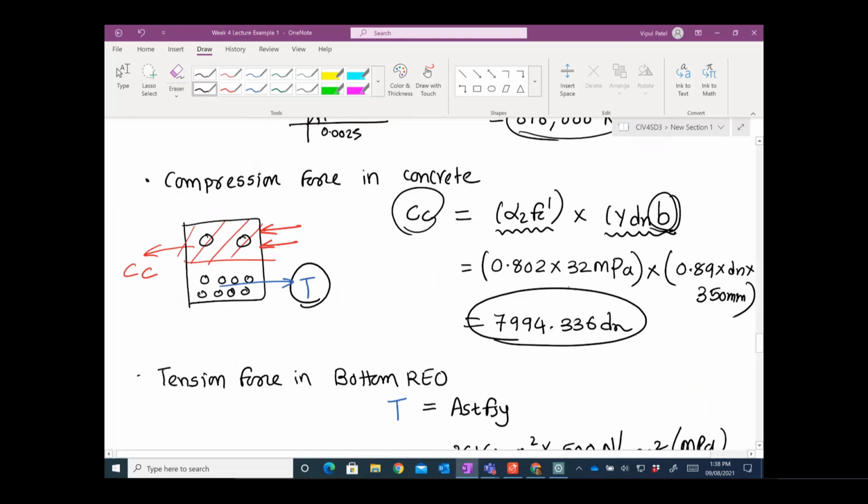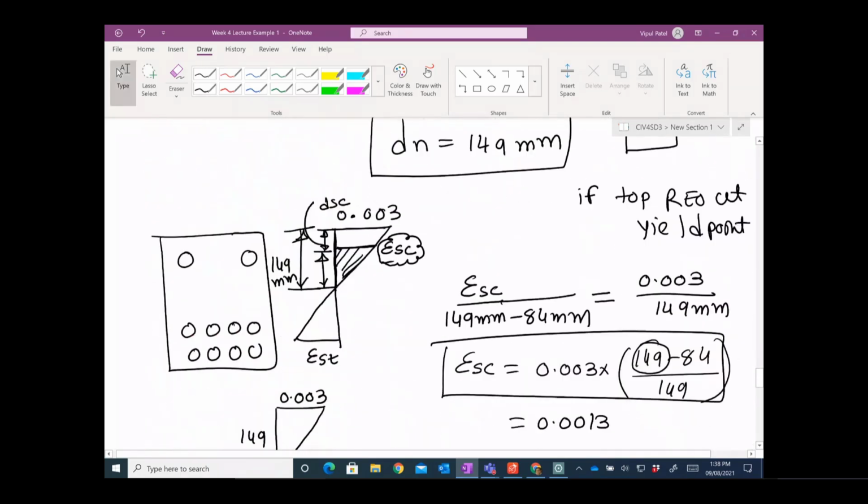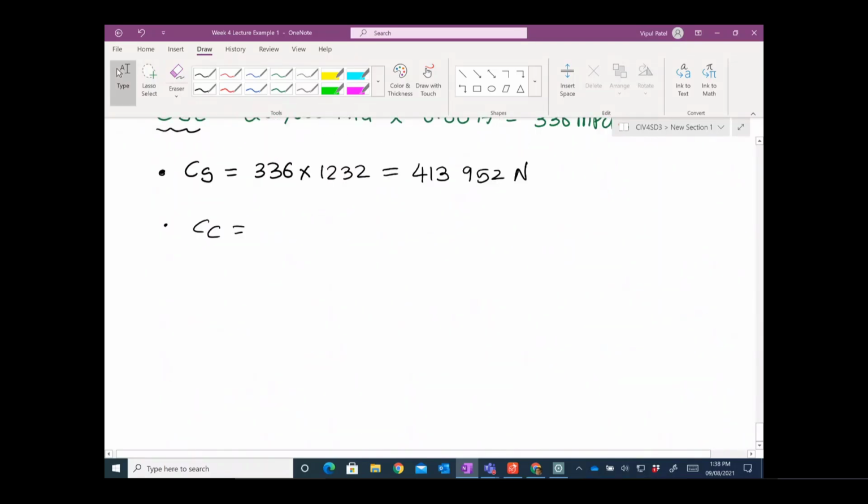The concrete compression force uses alpha 2 of 0.802, fc' of 32, gamma of 0.89, and dn now 200 that we're going to use, and b of 350. All other values are the same. So let's copy that from here. You have stress, alpha 2, times the area, which is gamma dn b, and we have done this one previously, but instead of the earlier dn we're going to use what we assumed.